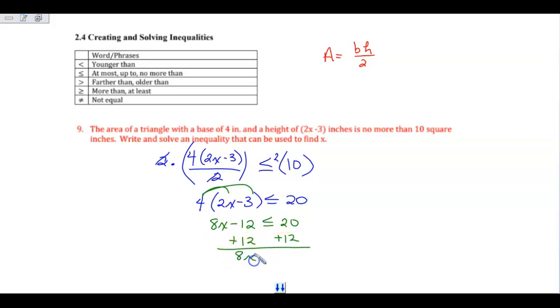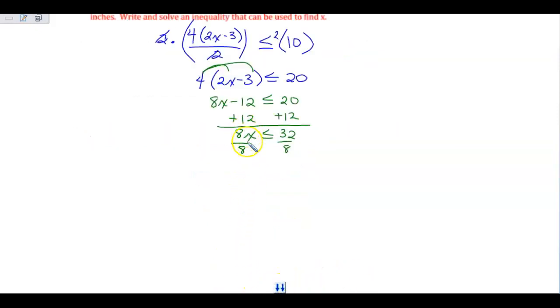And bring down my 8x. 20 plus 12 is 32. The next step would be to divide both sides by 8. It is not a negative, so x is less than or equal to 4.